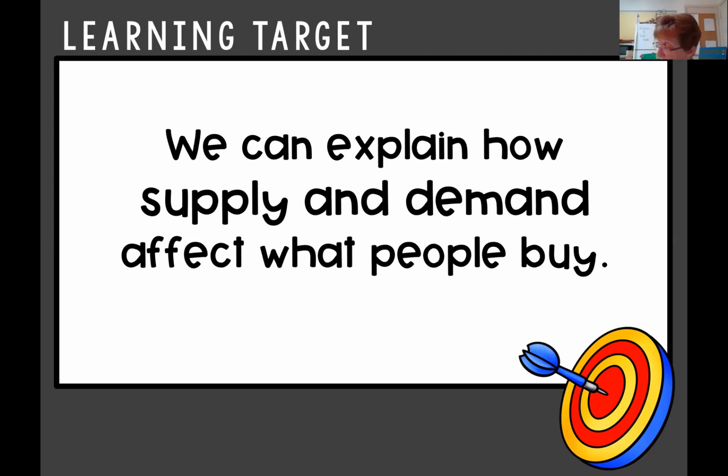Okay? So if something has a high demand, it means that a lot of people are interested in that product and a lot of people want to buy that product.